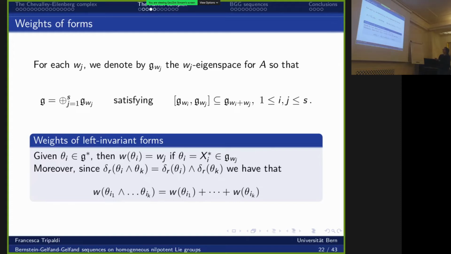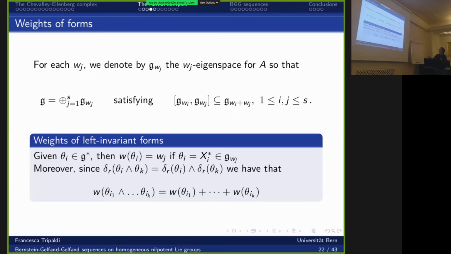So we introduced the concept of weights. This is a left invariant one form. Basically, if this left invariant one form is the dual of something that stays in the level Wj of the Lie algebra, then we say that it has weight Wj. So you have a direct sum decomposition of G, which reflects into a direct sum decomposition of G star.